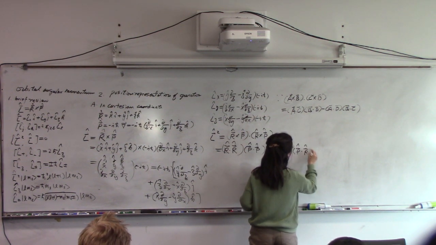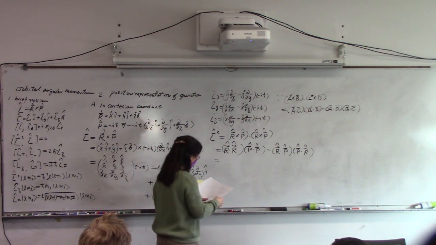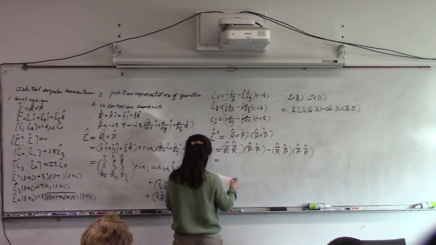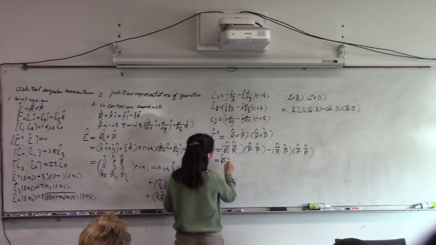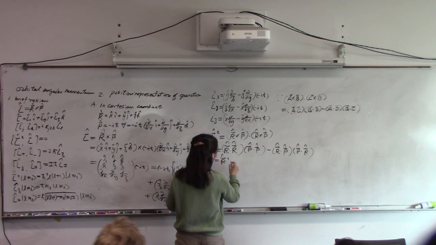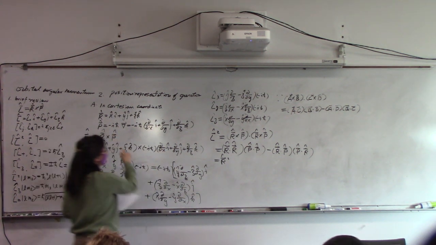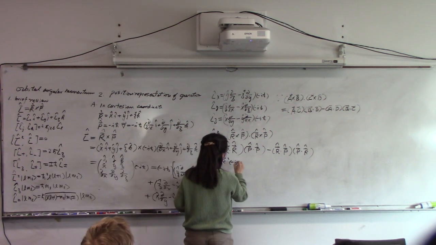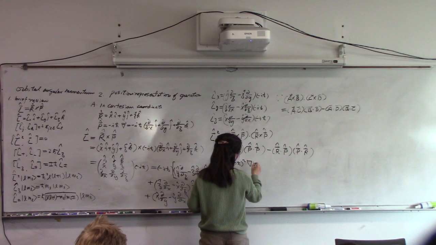The first one is easier, right? The first one is r. You can still keep the vector, but r squared, right? And then this one is p squared. So p squared, p is here, that is minus ħ squared, and this squared.